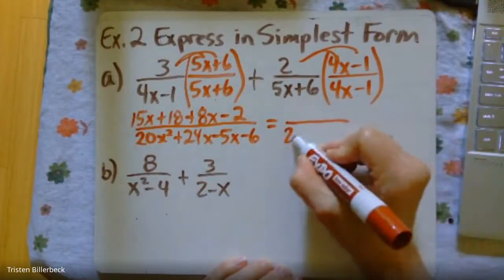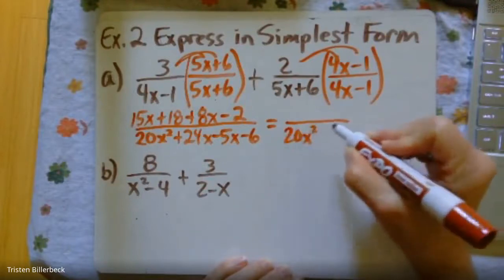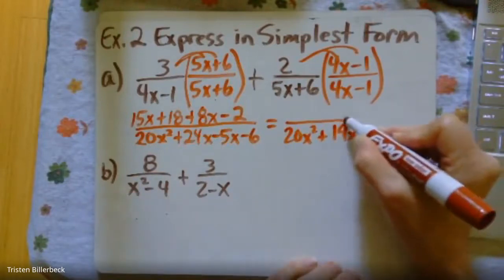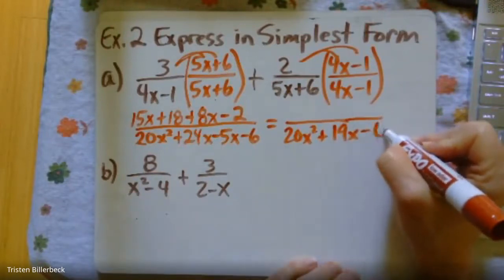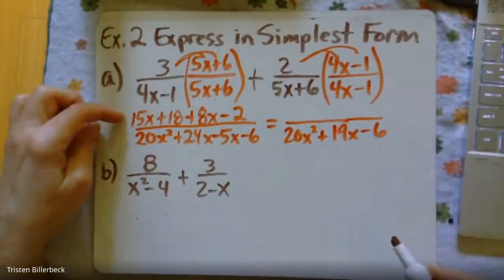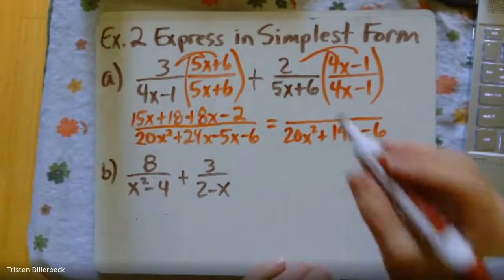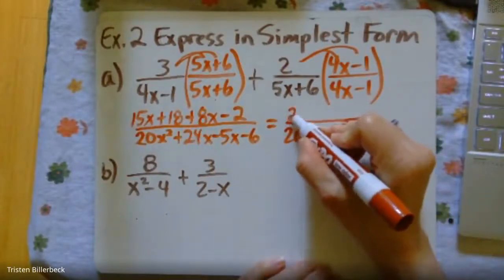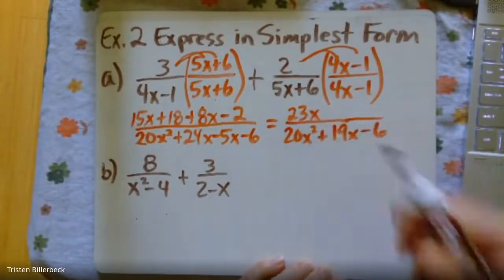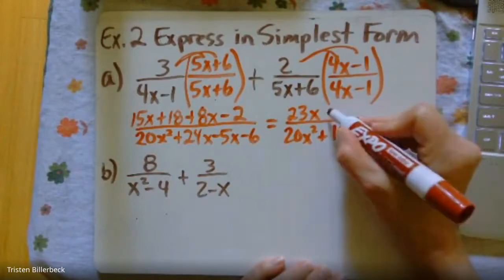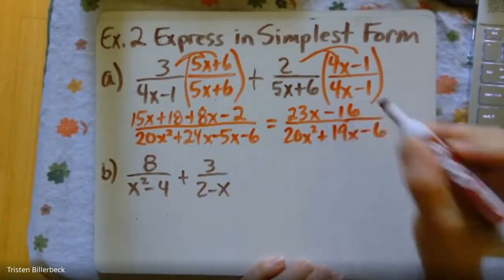So that's going to be 20x squared plus, and that's going to give me 19x minus 6. On the top, we have 5x plus 8x is 23x. And 18 minus 2 is minus 16.